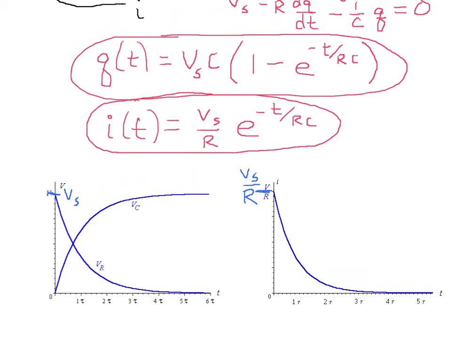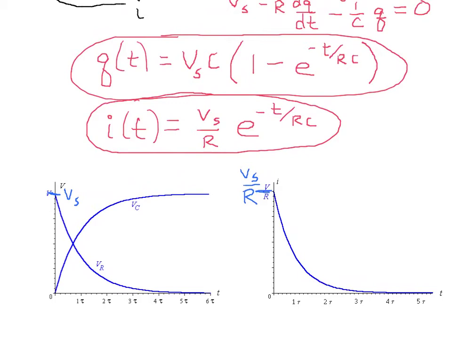One thing you can recognize here are the shapes known as the exponential decay and the exponential approach. The ones that decay to zero go down, and the one that approaches a higher value is known as the exponential approach. Now, the one marked V sub C represents the voltage that we would measure across the capacitor.